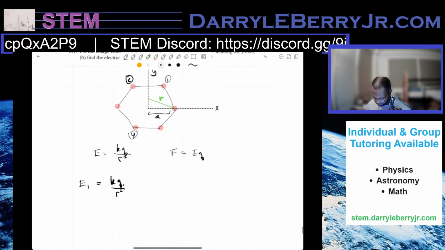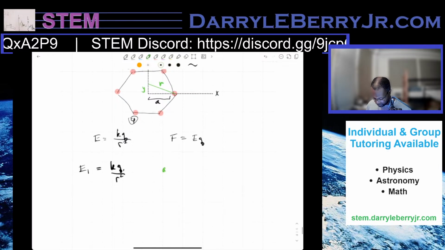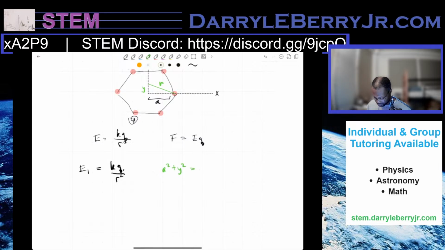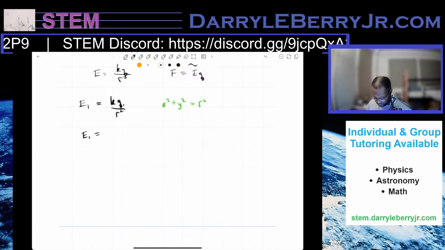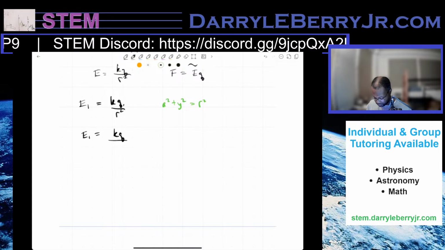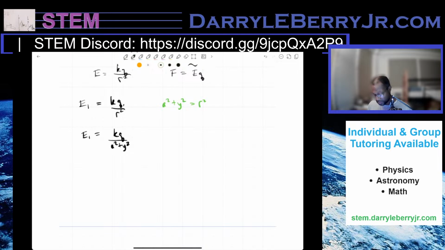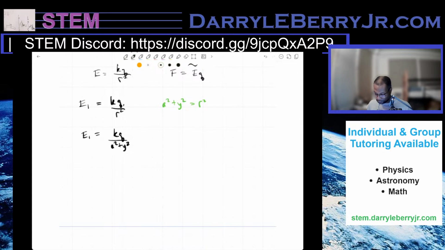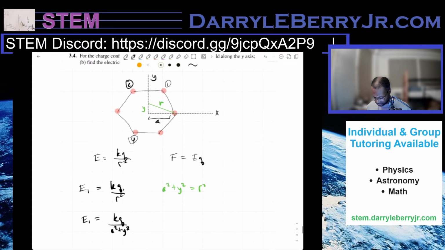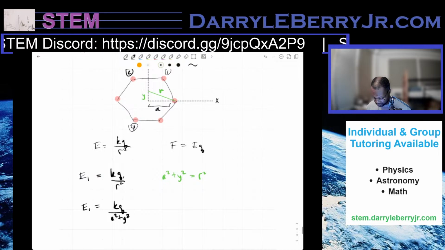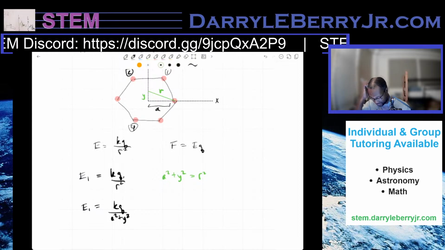So this is Y. So A squared plus Y squared equals R squared. So E1 equals KQ over A squared plus Y squared. And the Y component cancels. The X component cancels with the one on the opposite side.